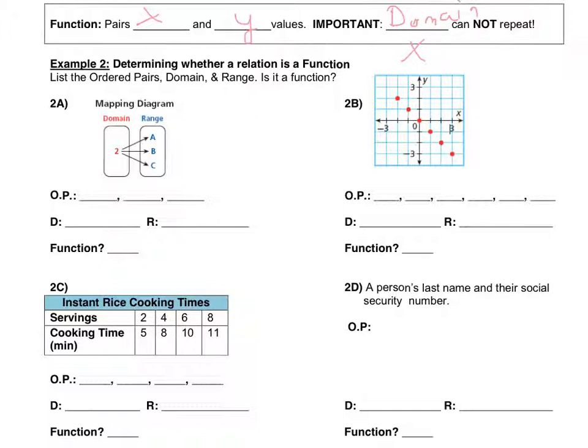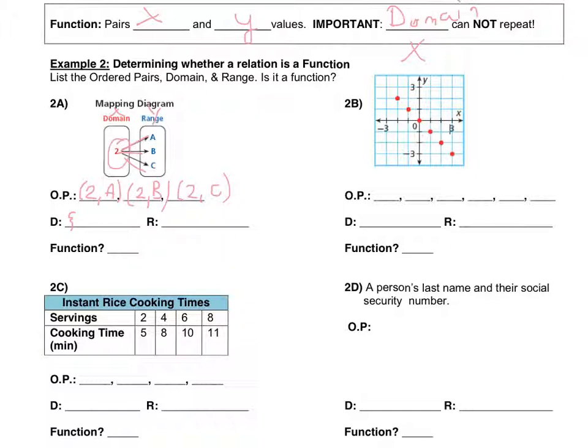So in 2a, to make the ordered pairs from a mapping diagram, we go from the domain, the x's, to the range, the y's. And this arrow means that 2 and A go together. It means 2 and B go together, and it means the 2 and the C go together. When we list the domain, capital D, here's the squiggle.